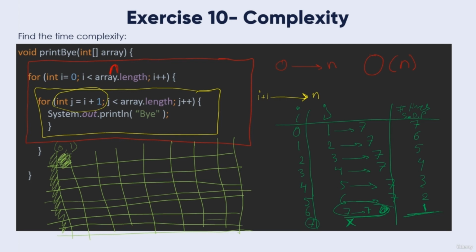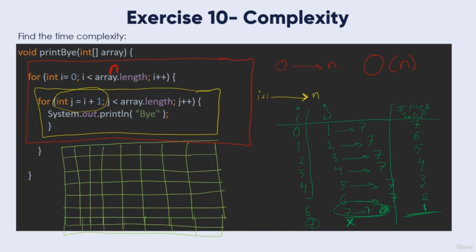Okay? We will start from this. I redraw it for a better understanding. So let's start with i for the rows and j for the columns. If i and j were starting from 0 until n, we should color all of these cells.